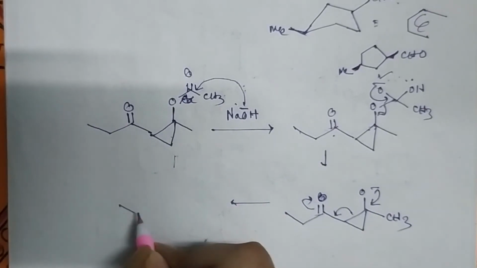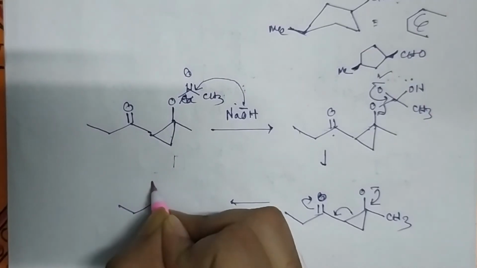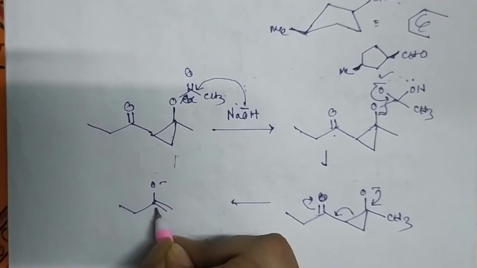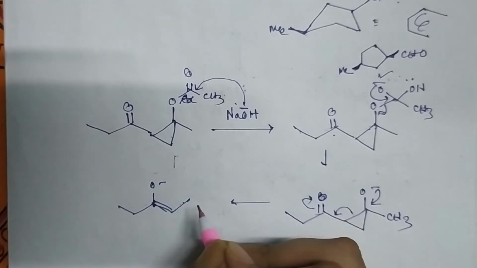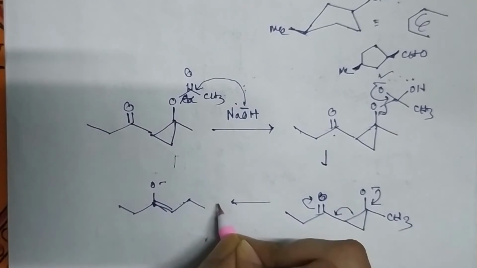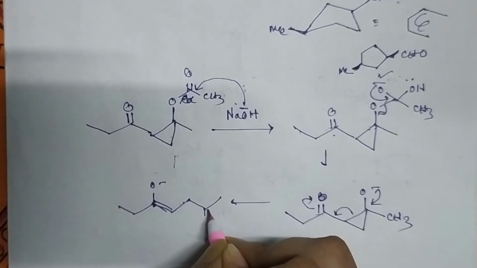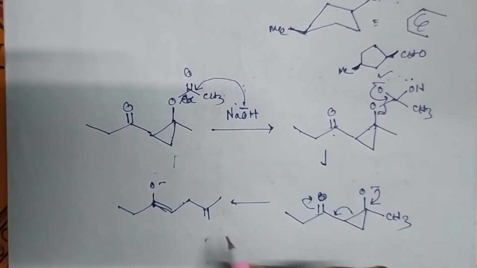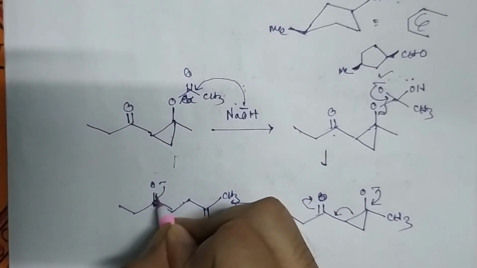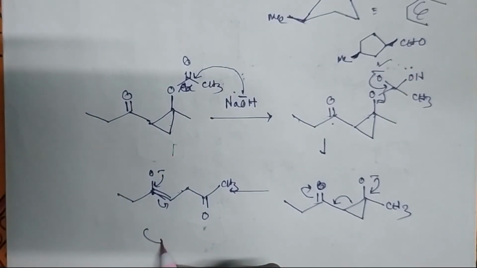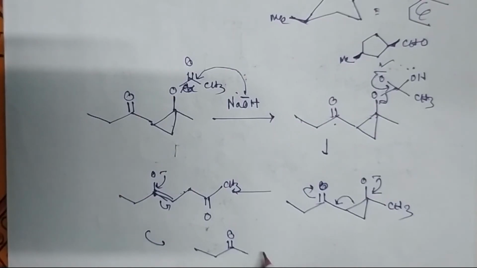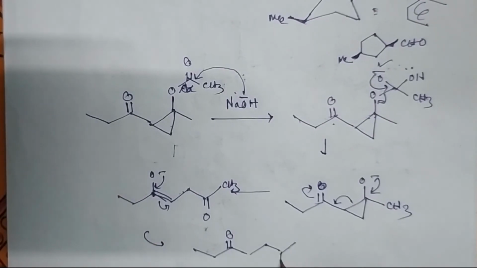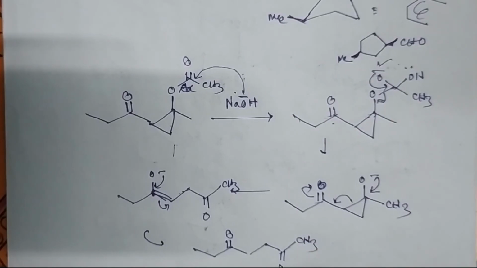Here come the roles of this carbonyl. After that, this quickly tautomerizes into the more stable ketone. So we got this as our product.